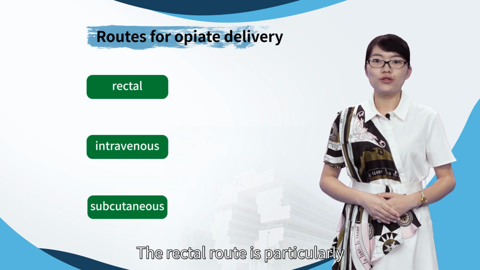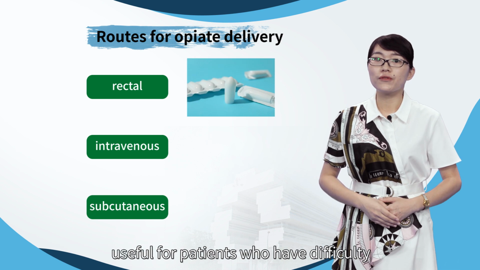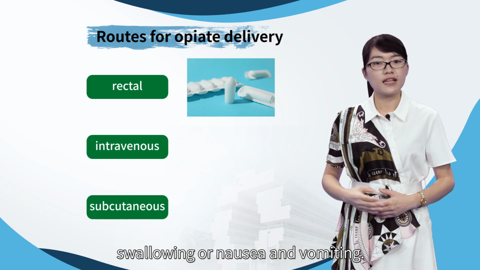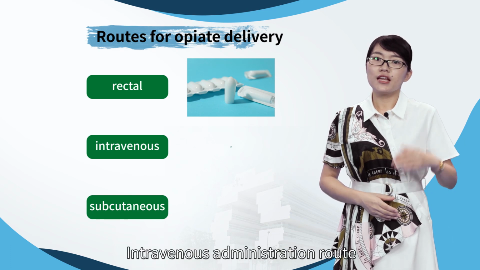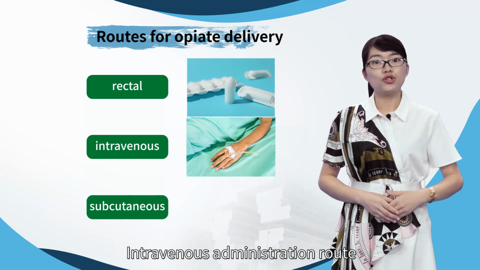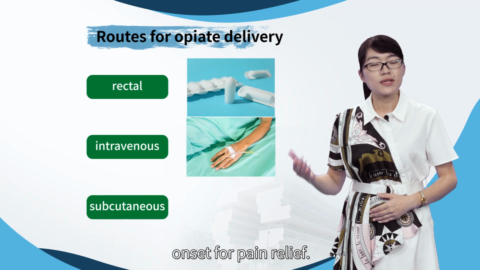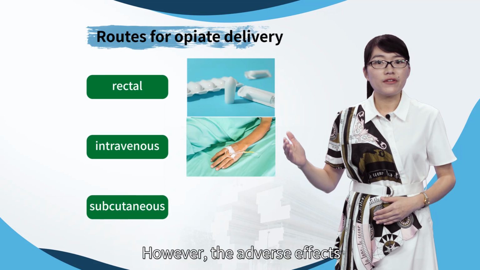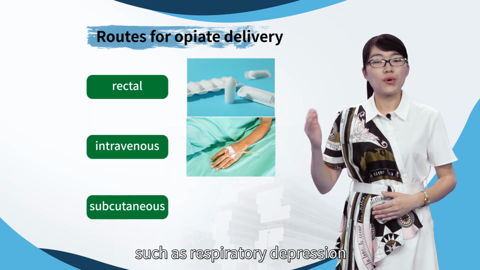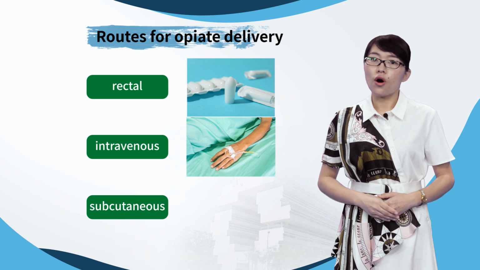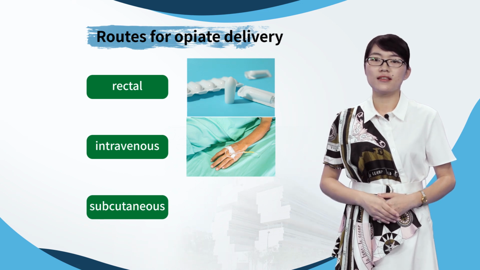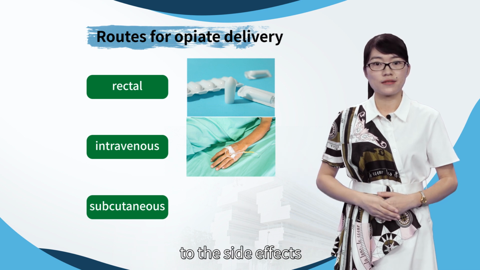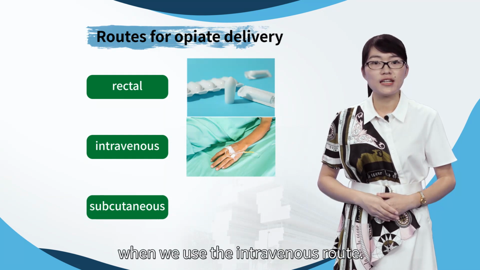The rectal route is particularly useful for patients who have difficulty swallowing or nausea and vomiting. Intravenous administration route provides the most rapid onset for pain relief. However, the adverse effects such as respiratory depression also occur quickly. So we need to pay more attention to the side effects when we use the intravenous route.